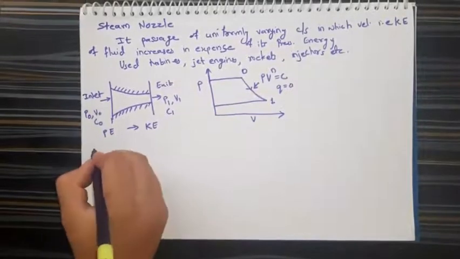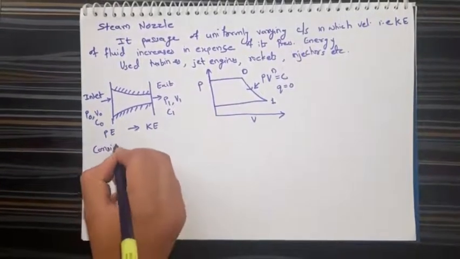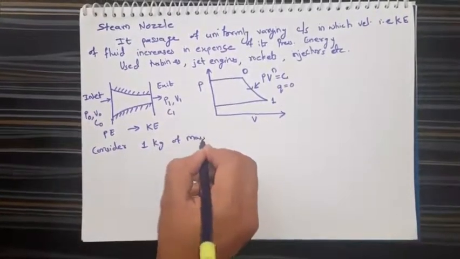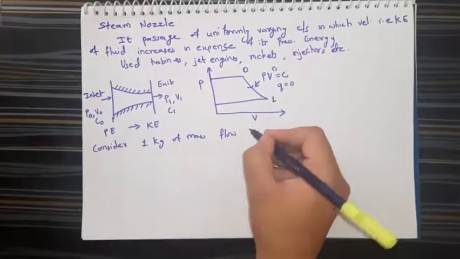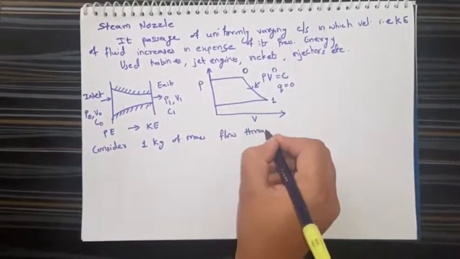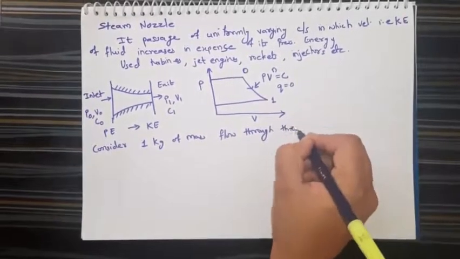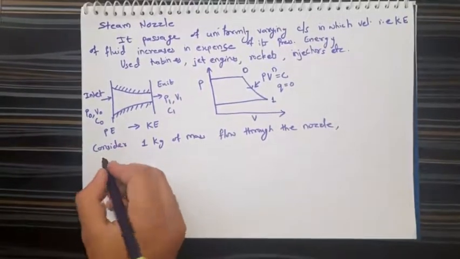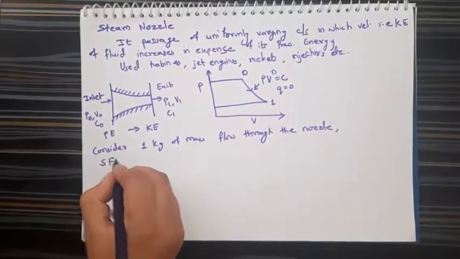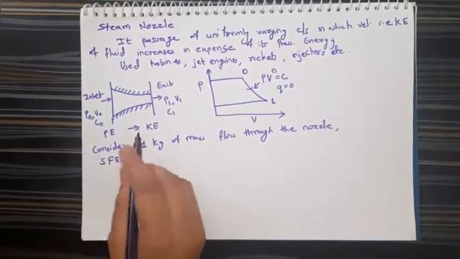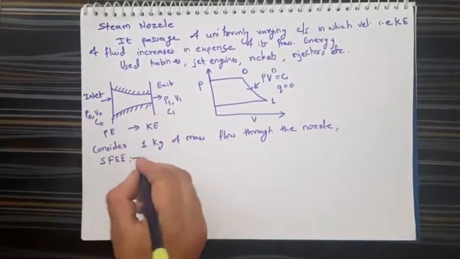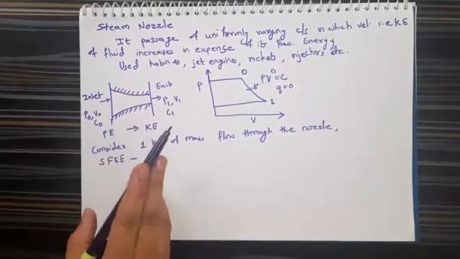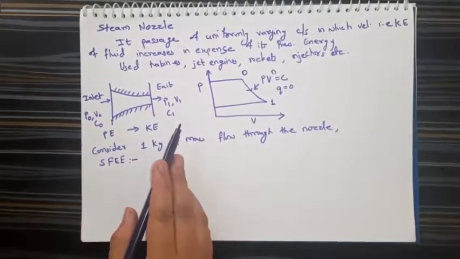Now let's consider 1 kg of mass flowing through the nozzle, and apply the steady flow energy equation for this system. So here we can see that energy at the inlet should be equal to the total energy at the exit.